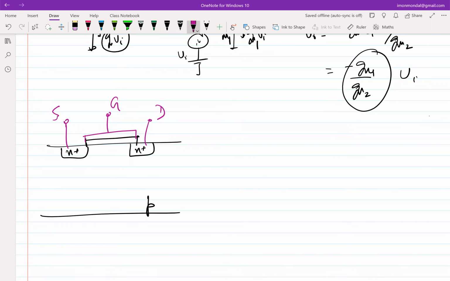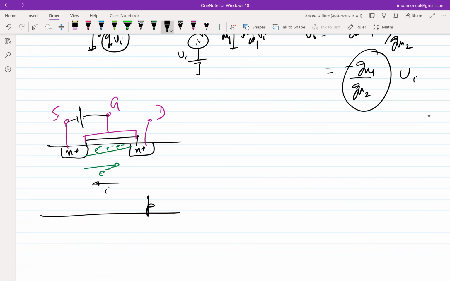And if you are in inversion, right, which means VGS is greater than threshold voltage, you have mobile electrons underneath the channel. Okay. And the carriers flow from left to right, electrons flow from left to right. So the current flows from right to left. Okay, that decides which is drain, which is source.